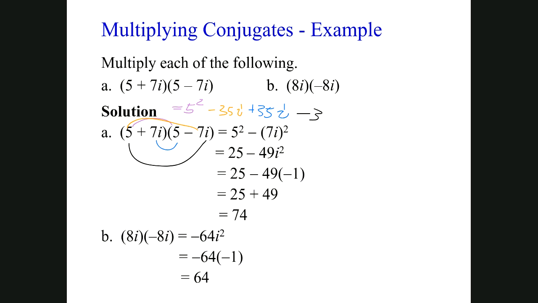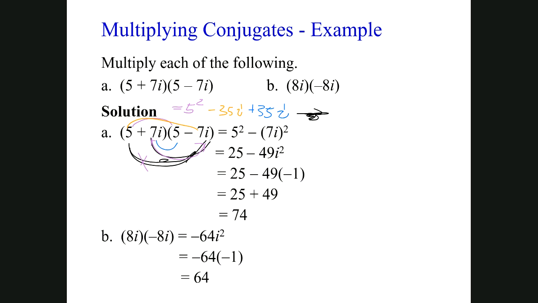And then the last one right here. Oh, I'm sorry, not this one. We already have this one. It's this one right here, 7i times negative 7i.